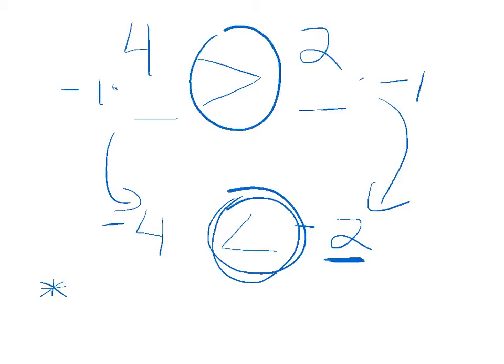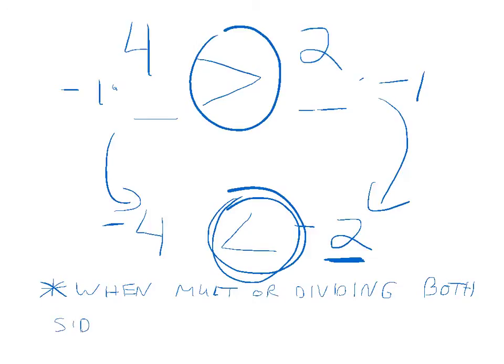In an inequality, when multiplying or dividing both sides of an inequality by a negative, then you have to switch the inequality symbol.